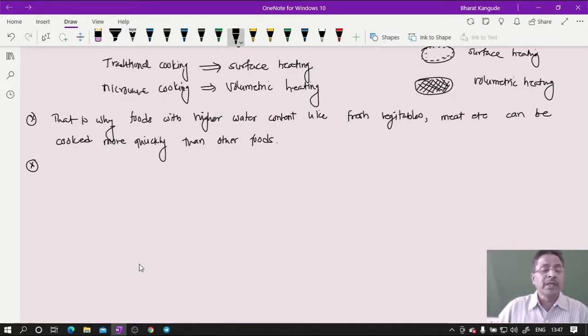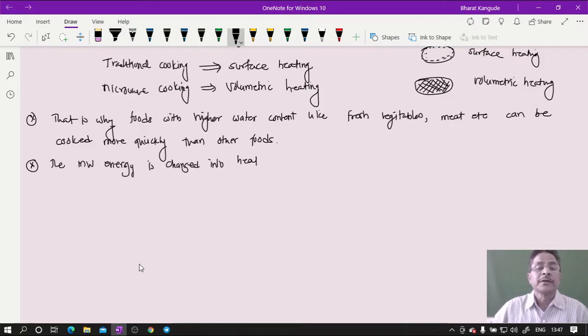The microwave energy is changed into heat as soon as it is absorbed by food.